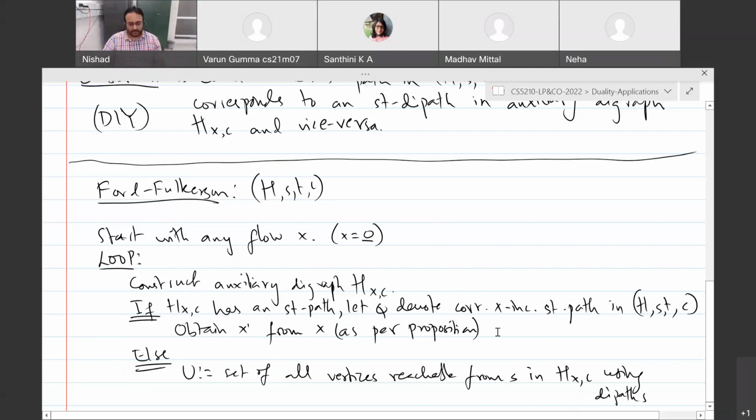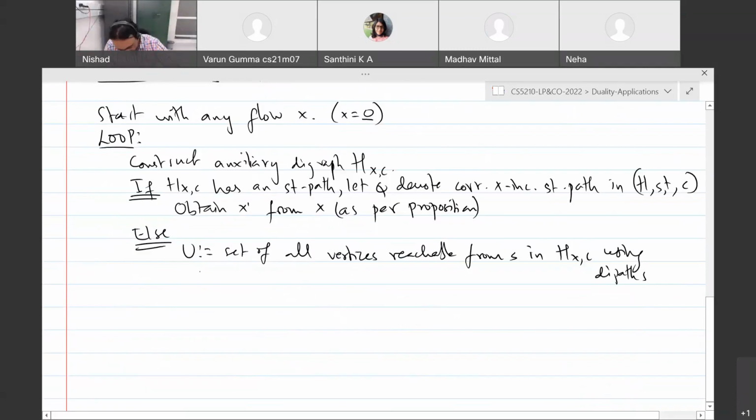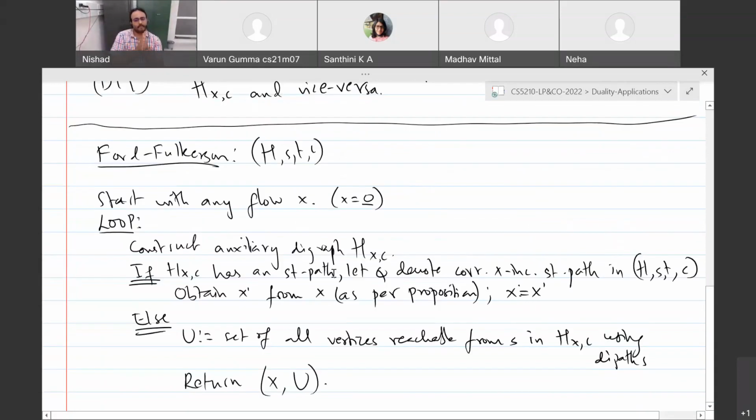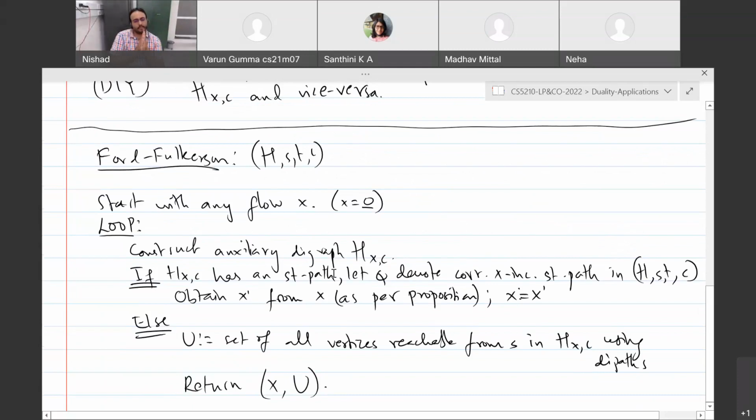At this point we simply return, and I should set x back to x prime, and we return x and the set U. All right. Any questions or concerns?